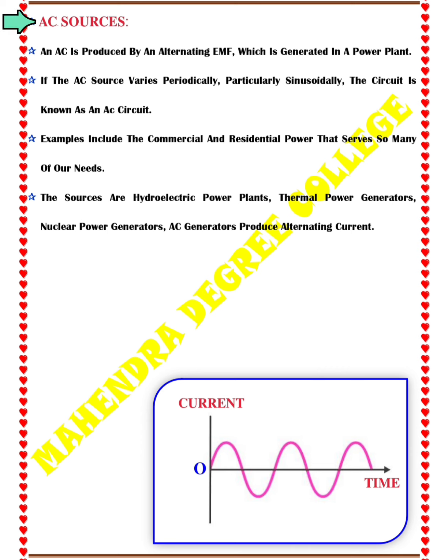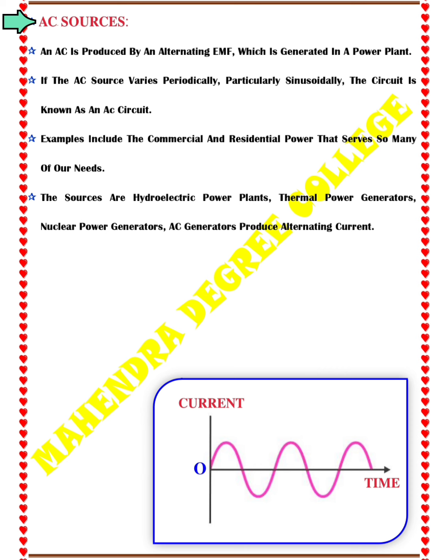Next, we will learn about the AC sources. An AC source is a source of electrical energy that produces alternating current that changes direction periodically over time. It means AC stands for alternating current.